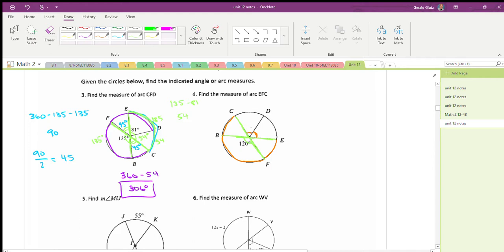So this and this are vertical angles, so they are congruent. So if this is 126, from C to E, that has to be 126 also. Since these two add up to 126 and they are the same, I can just do 126 divided by 2, and that will give me each individual angle, so 63 and 63.